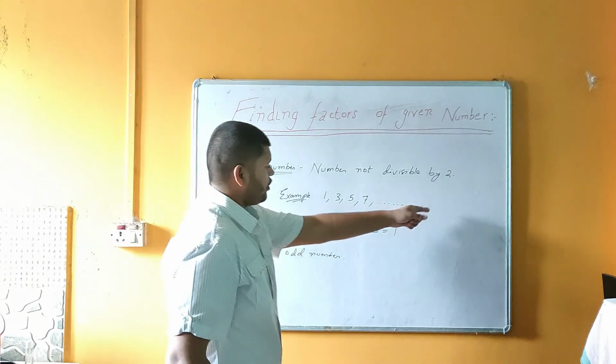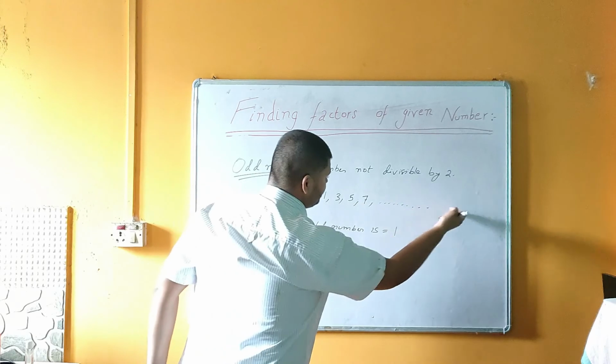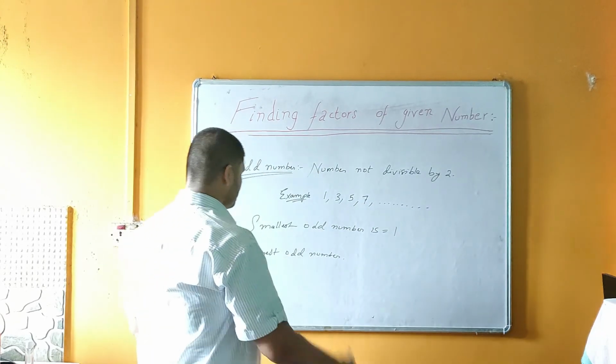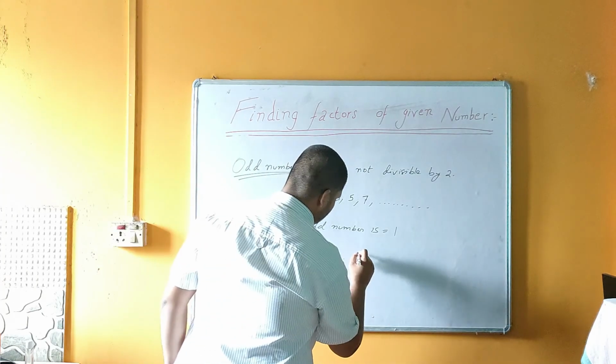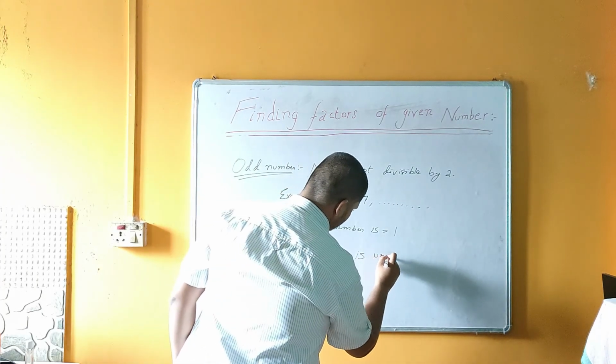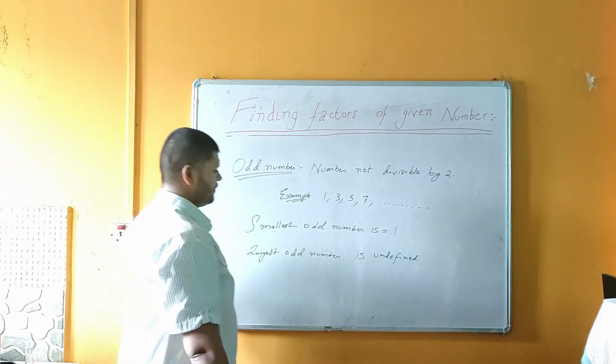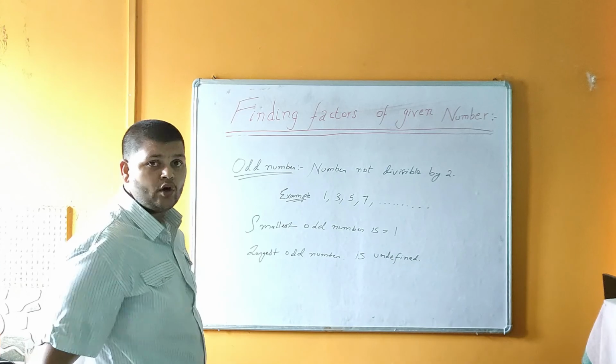When you say the largest odd number, it is going up to infinity. So we don't know where infinity exists. That's why the largest odd number is undefined. Okay. So this is all about odd numbers.